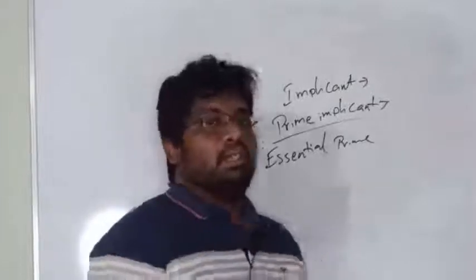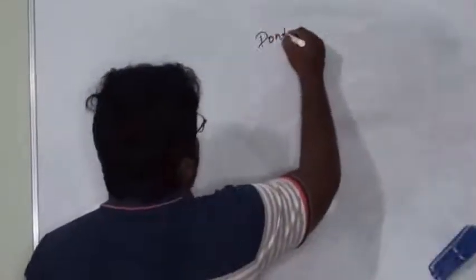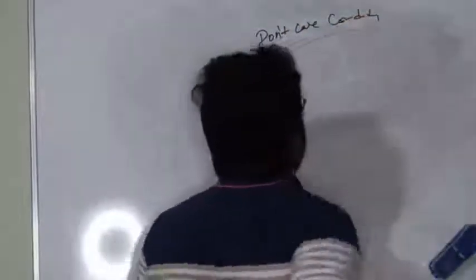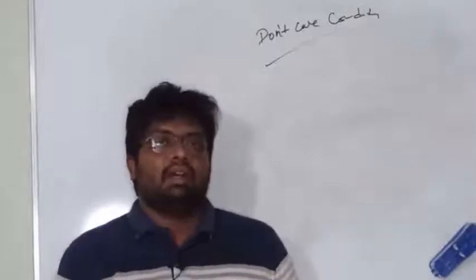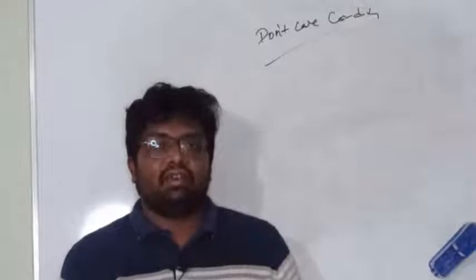And the next one is the don't care conditions. A don't care condition is nothing but a condition that, when we are evaluating our expression, does not have any effect on the system.